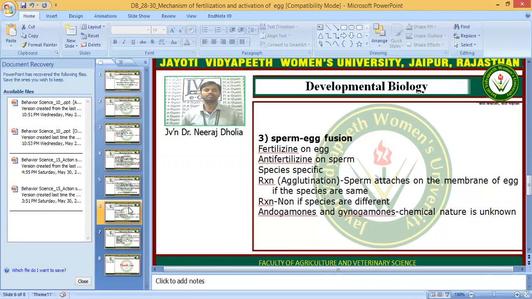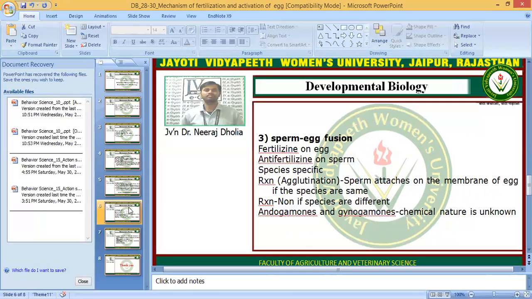So what happens is that the reaction of fusion of the different gametes is known as agglutination. So what is agglutination? It is the fusion of the male and the female gamete. This reaction is species specific.